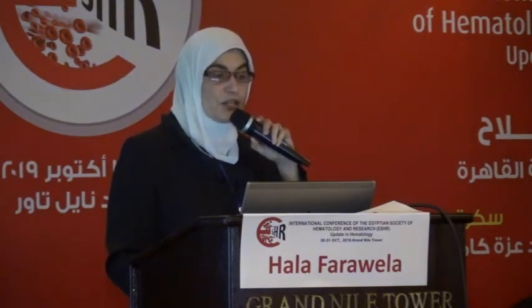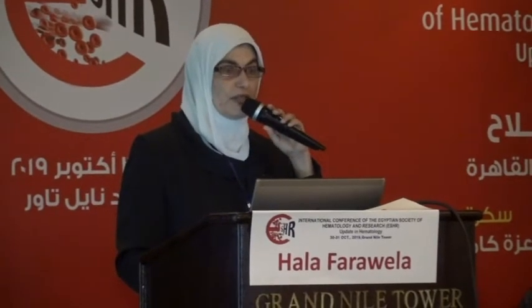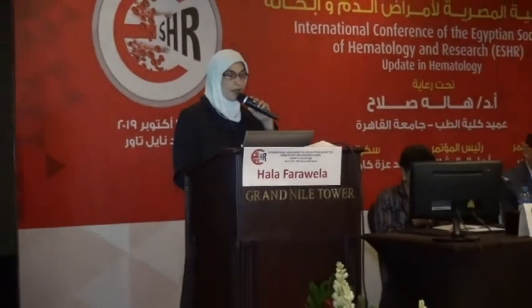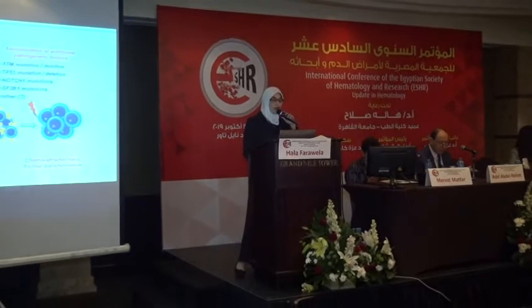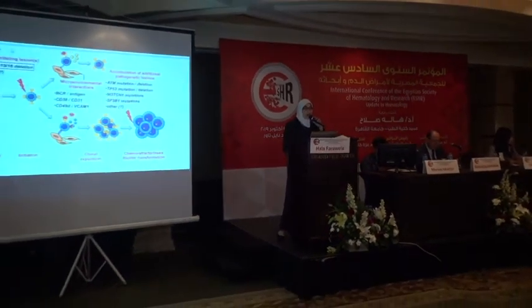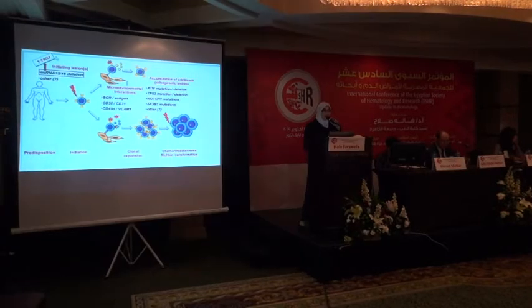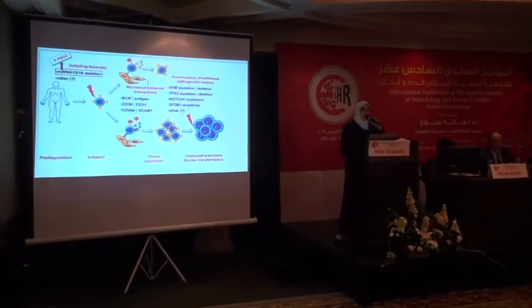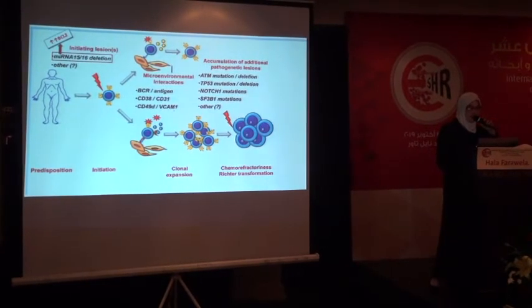We have an initiating lesion, which is deletion of 13q, harboring microRNA 15 and 16A, which leads to aggravation of the anti-apoptotic effect and expression of BCL2. So if we have a starting clone, it persists and never dies.